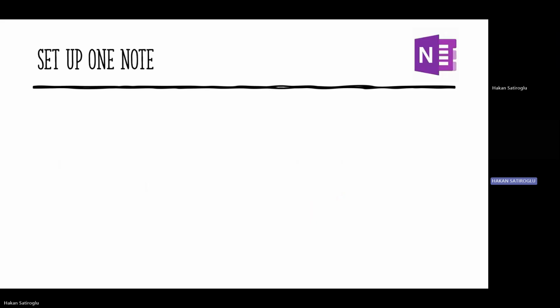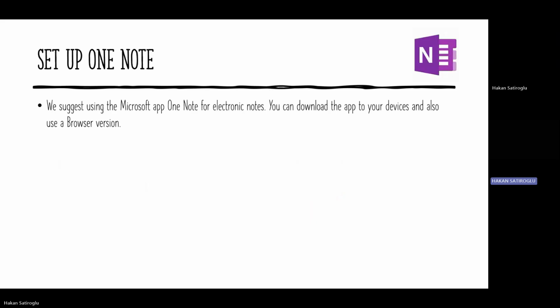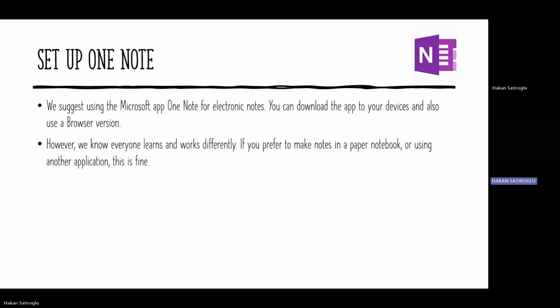Step one, OneNote is about downloading that application, which is electronic notes you can save. Also, I believe it can record voice, and you can save your lecture voices. I'm not sure how good it is, but this application does that job as well. You can download the application to your device, and also use the browser version.